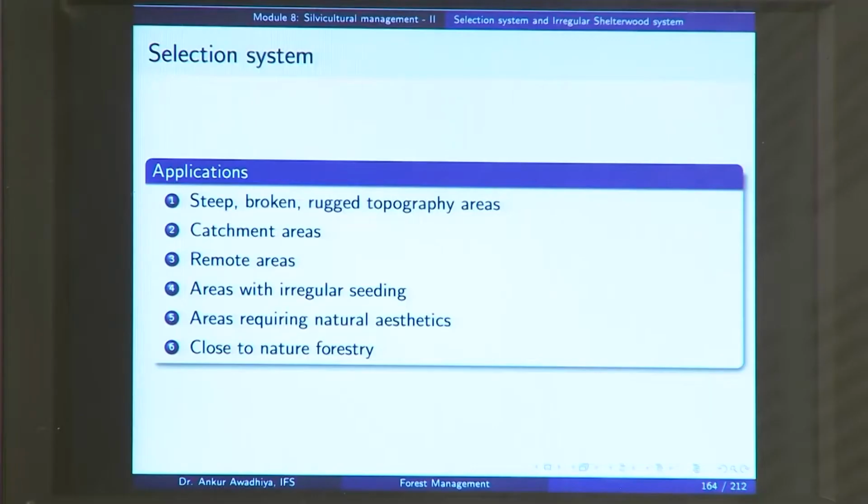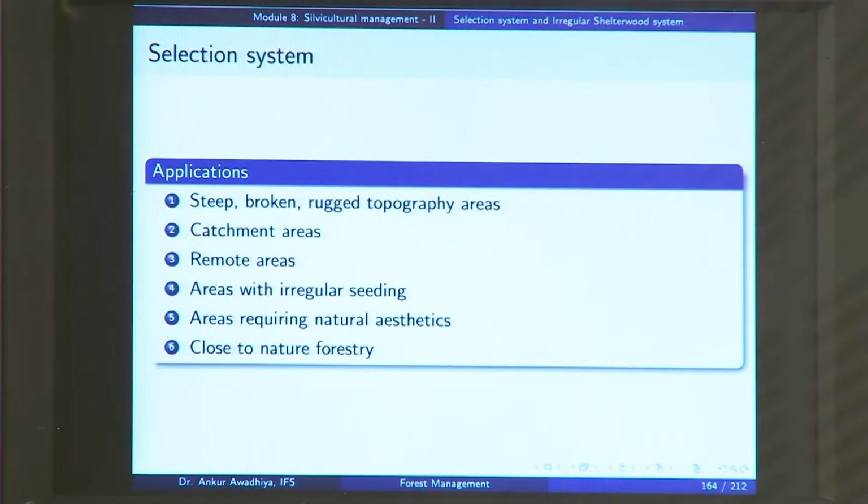But in these hilly areas it is difficult to take the machines, so it makes much more sense to go for a selection system in place of a clear felling system, because in a selection system you are only selecting a few trees at a time, and so heavy machinery is neither required nor essential in selection forestry.